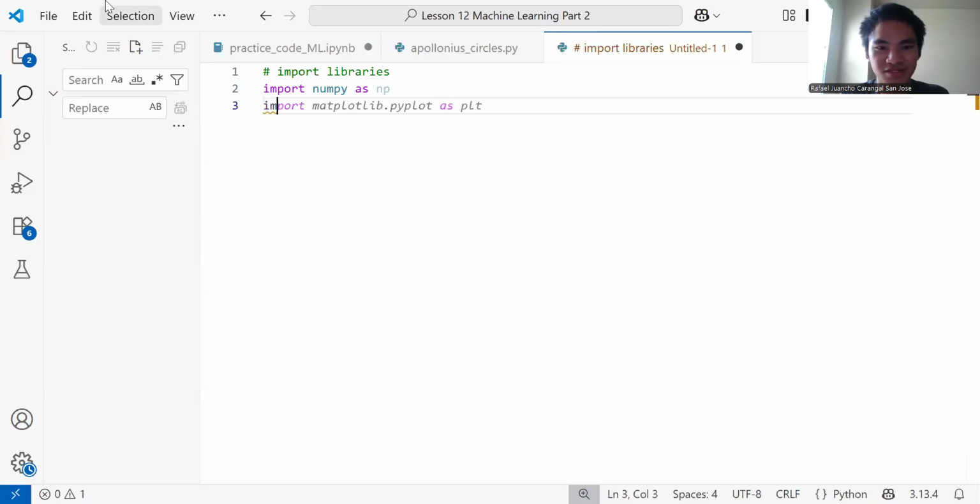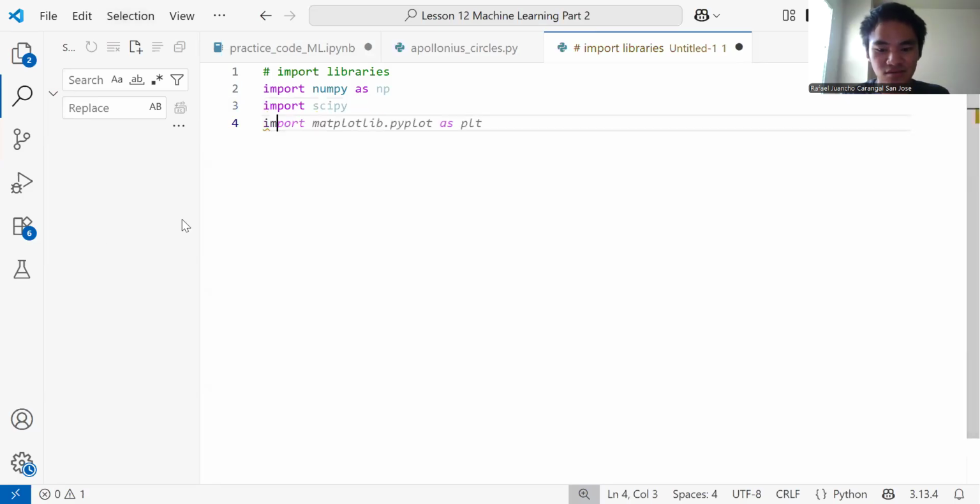I'm not going to explain what these are, but it's just a way for us to see what's happening here. Okay, SciPy, linalg. Apparently, linalg means linear algebra.